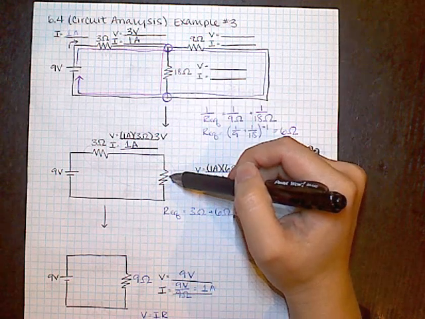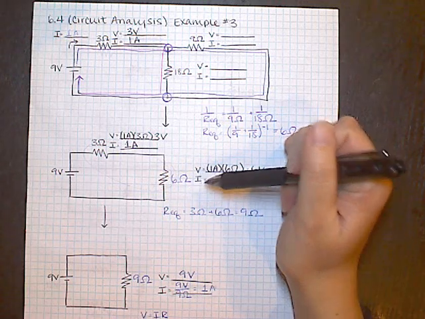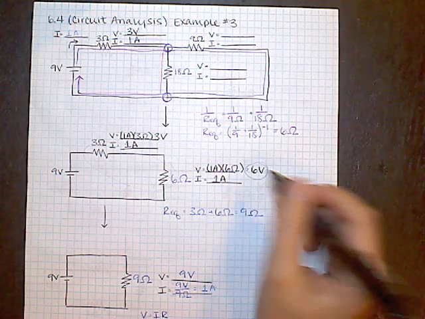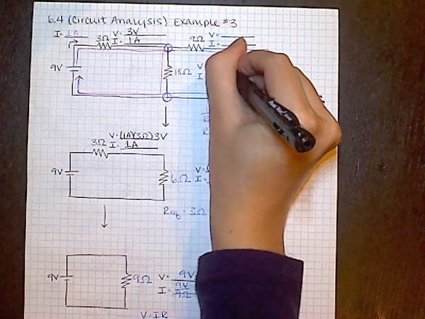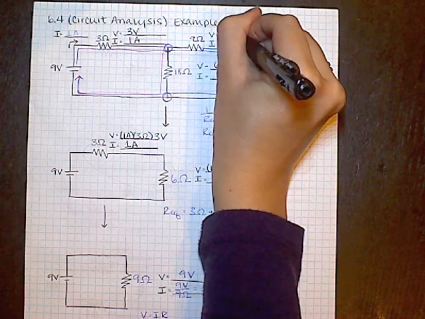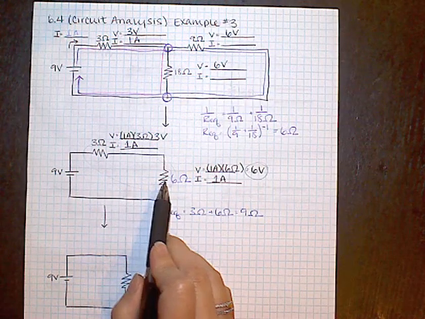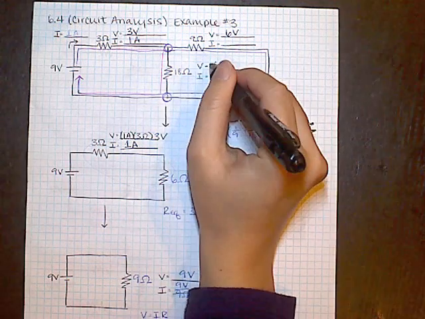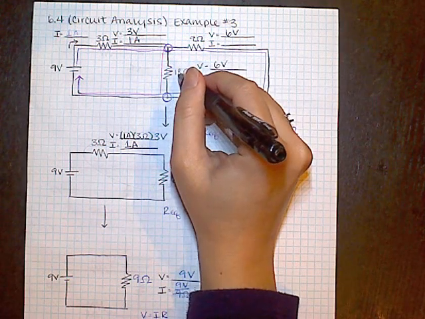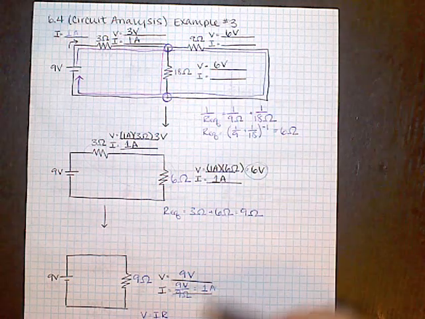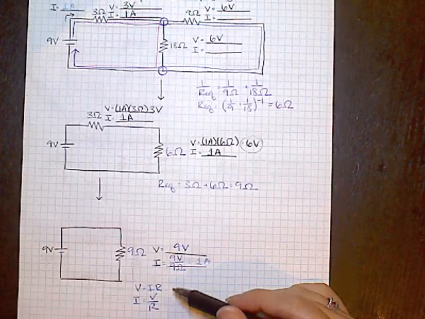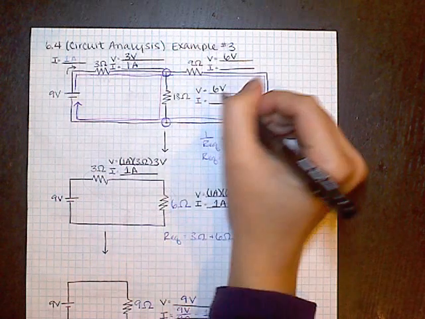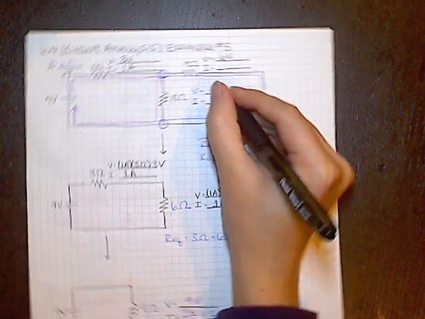And when I split a resistor in parallel, I know the voltage has to remain the same. So this 6 volts is going to transfer up to each of these resistors that I split this one into because I split it in parallel. All right. So now I've got the voltage and the resistance for each of these components, so I can once again use Ohm's law, I equals V over R, to figure out what the current is through each of these pathways.